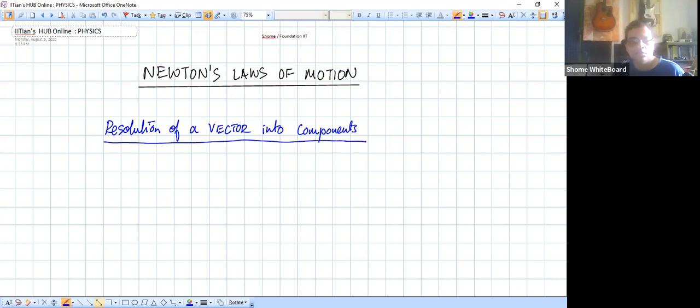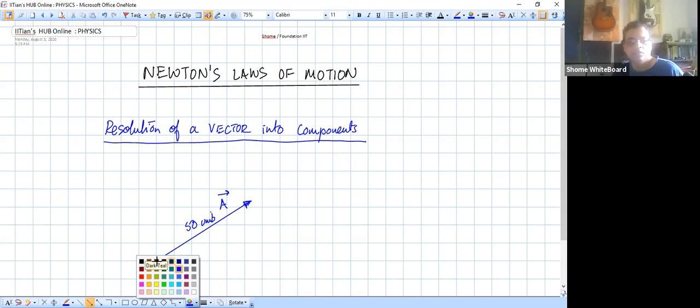So supposing I have a vector which is like this. It's a vector of magnitude, let us say, 50, and with some particular axis, like this axis over here.